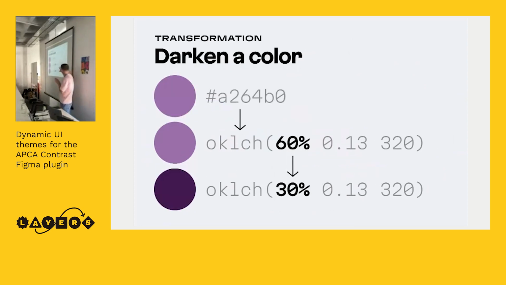This is only the skeleton of our transformation function. We take any hex as an input. We convert it to OKLCH, and the only thing that remains is to set properly the lightness parameters.